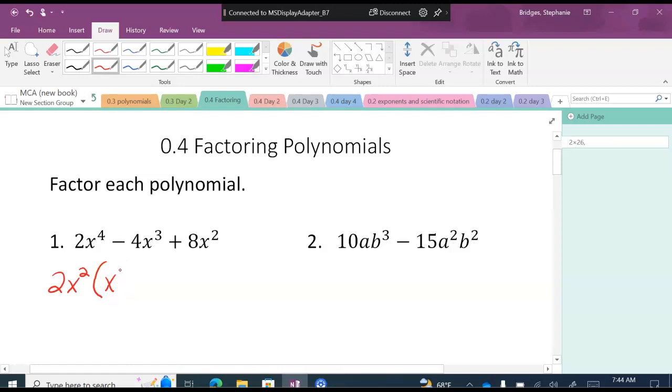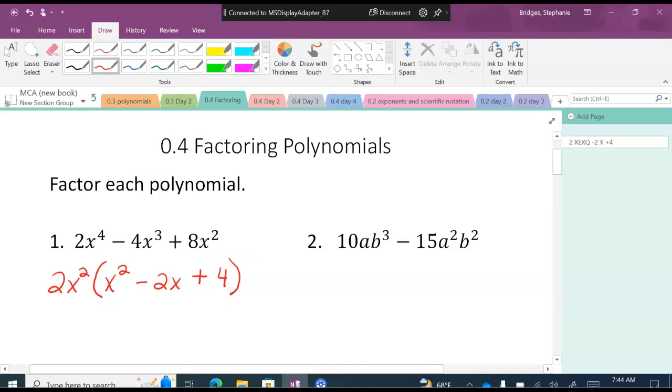Just x squared, right? And then I'm going to bring down my minus sign. And then if I take 4x to the third and divide out 2x squared, what's left there? 2x. And then I'm going to bring down my plus sign. And then if I take 8x squared and divide it by 2x squared, what's left there? 4.